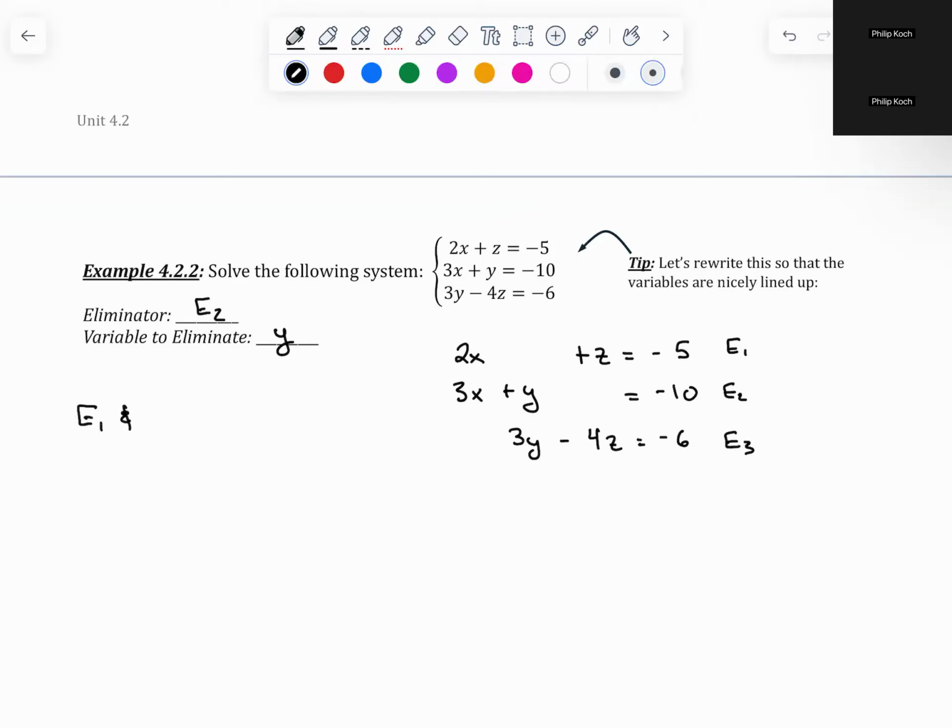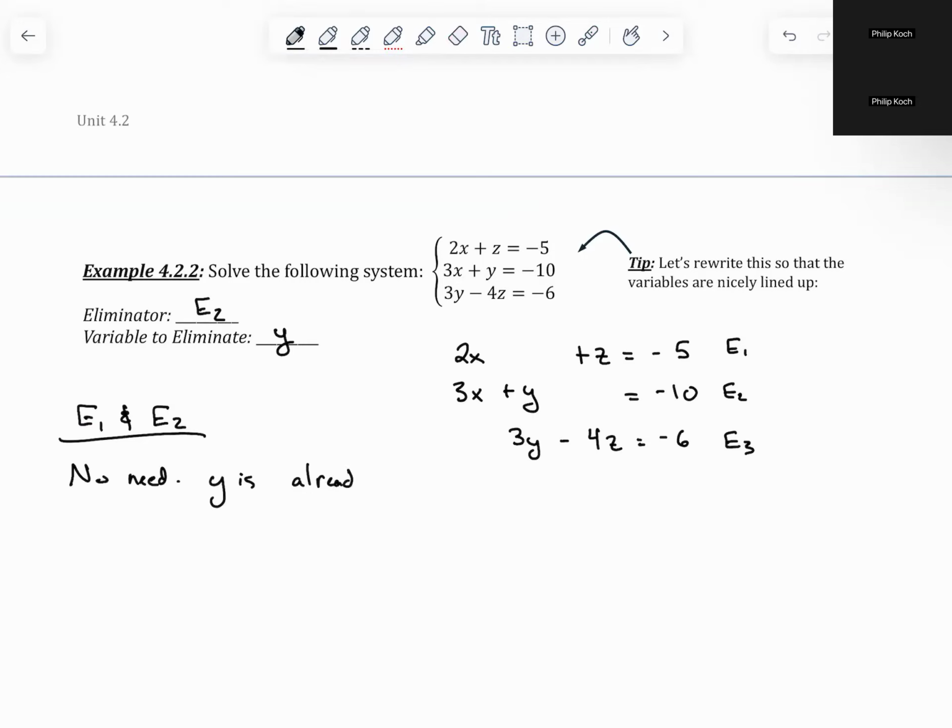E1 and E2, but there's no need. Y is already eliminated from E1. So we have 2x plus z is equal to -5. So that one's already done for us.